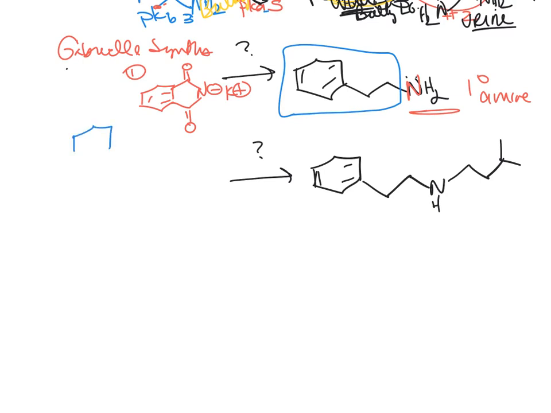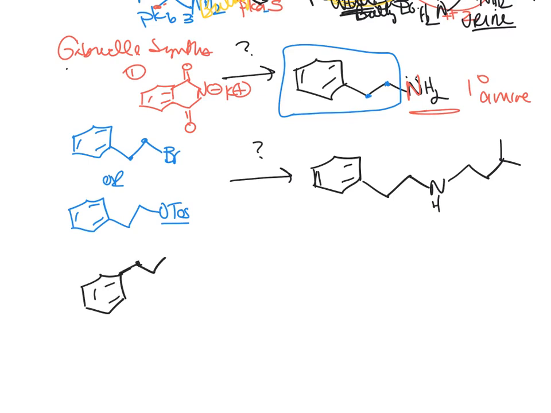So if we want to draw that group, this needs to be a primary leaving group. We got 2 carbons here, 1, 2, and it could be an alkyl halide, or it could be something like a tosyl chloride. So if you had an alcohol, you could make it a tosylate. Those are excellent leaving groups too. And then the second reagent you would need, so what was your intermediate there?